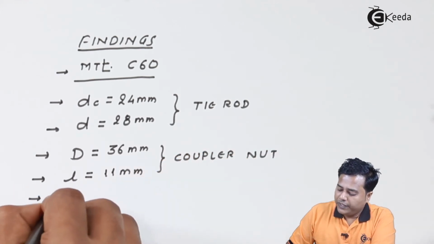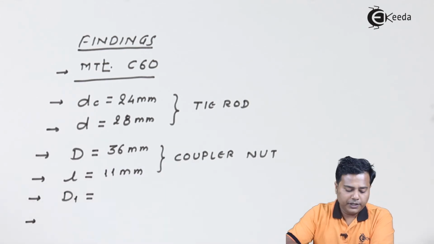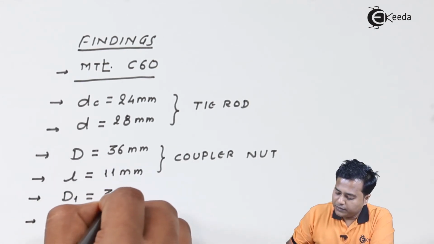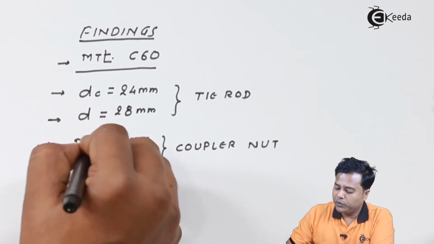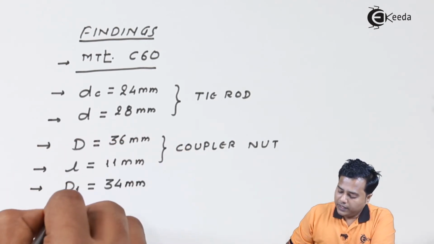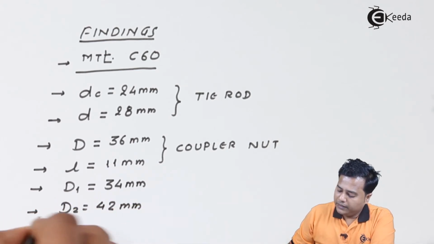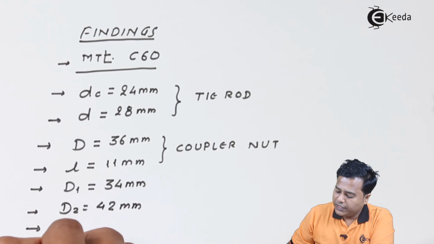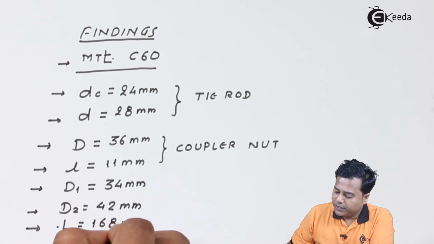Thereafter we went for D1, which came out to be 34 millimeter. It's the inner diameter, of course, and make sure that D1 is smaller than D always. Then D2 came out to be 42 millimeter. And the last parameter we found out was the length of the coupler, which came out to be around 168 millimeter.